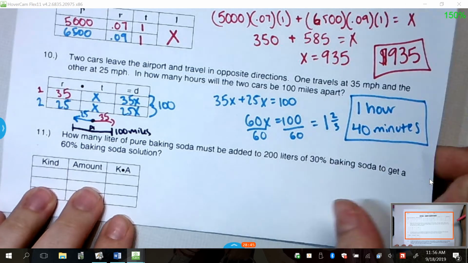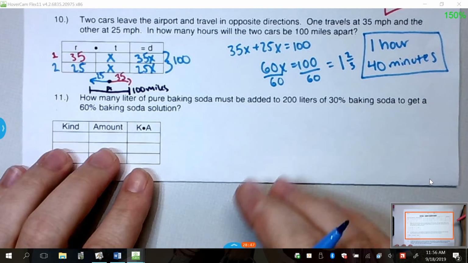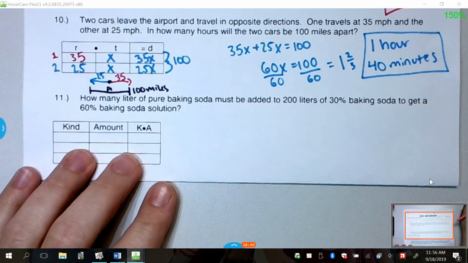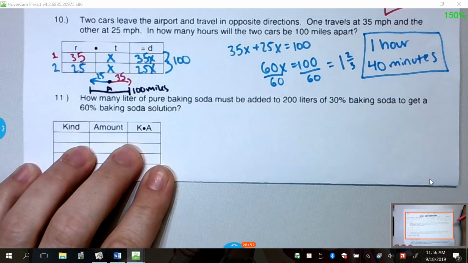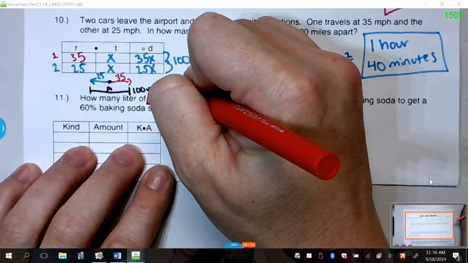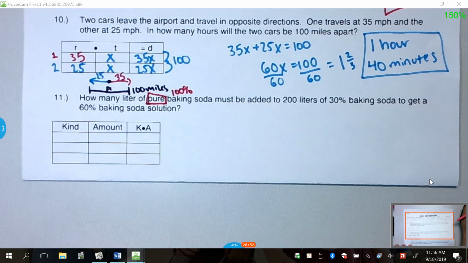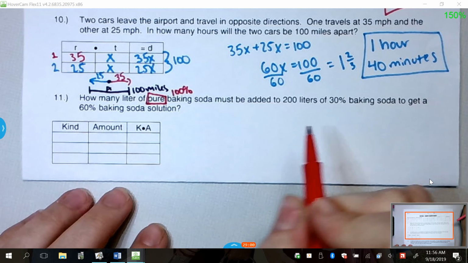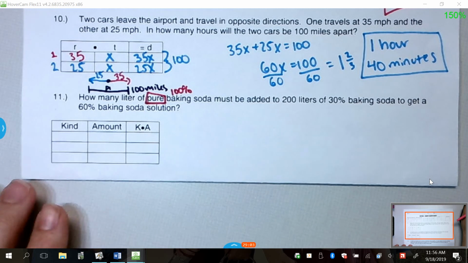Number 11. How many liters of pure baking soda, 100%, must be added to 200 liters of 30% to get the 60% baking soda? Before we keep going, I'm going to do a different color so I don't get stuck.